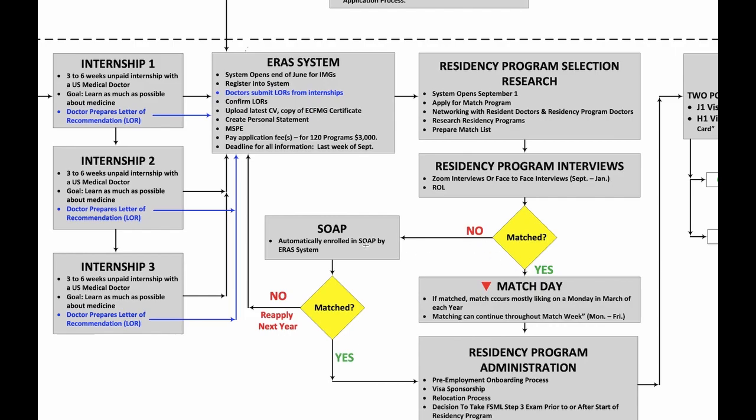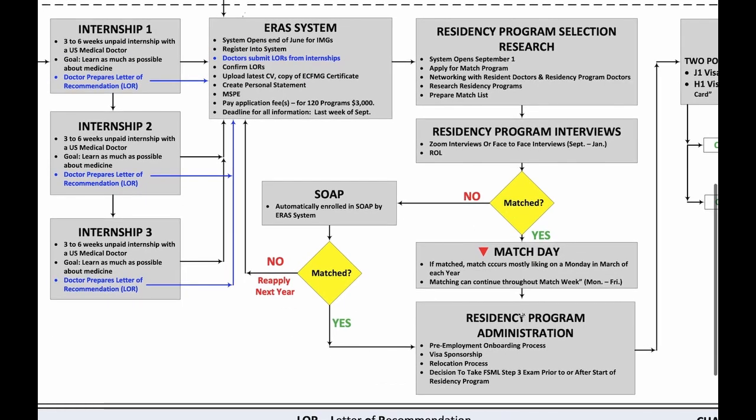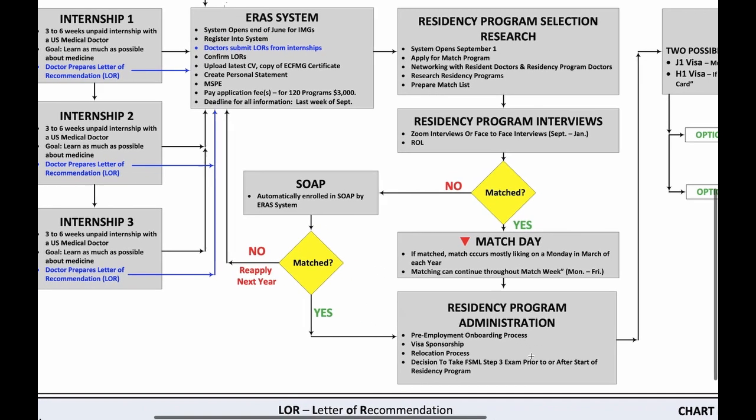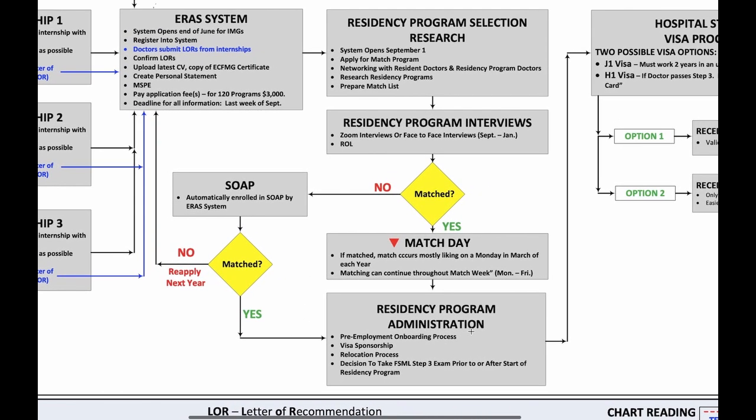And moving from that, you're going to find out if you have matched or not. If you match, then you just wait until the Friday of match week. And if not, you're going to go to the SOAP. Basically, it's a complementary system that is going to allow you to have another chance to be matched. If you are not successful on that one, then you have to reapply next year, or there are other options. But for the purpose of the video, again, it's just to show you how it works.